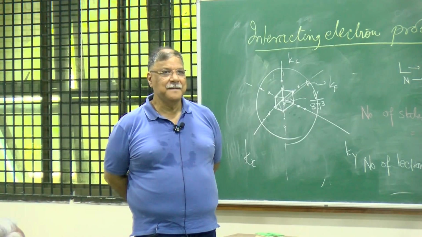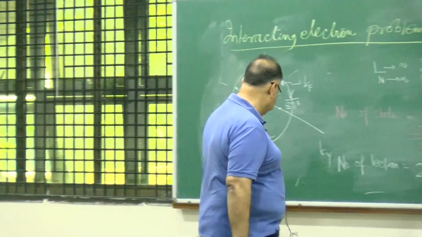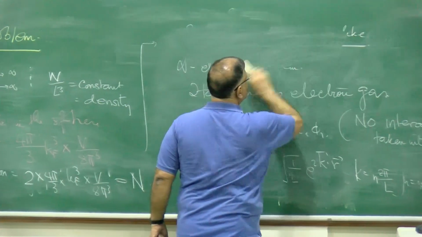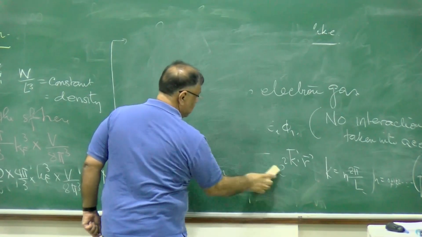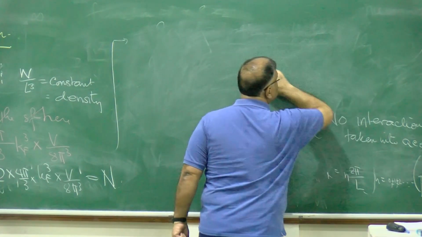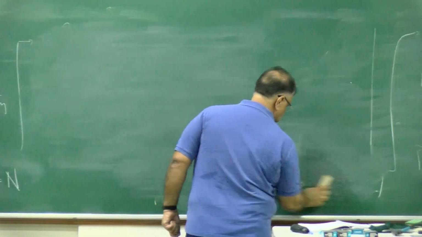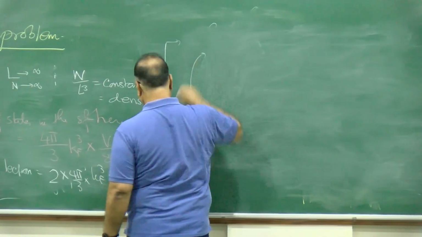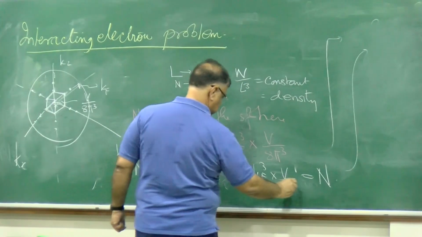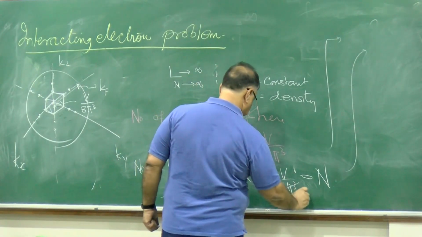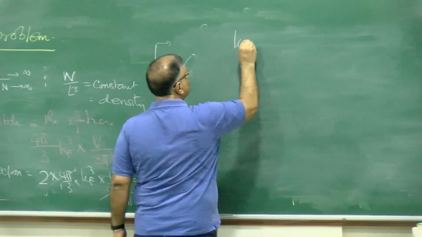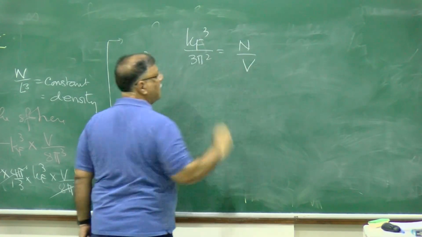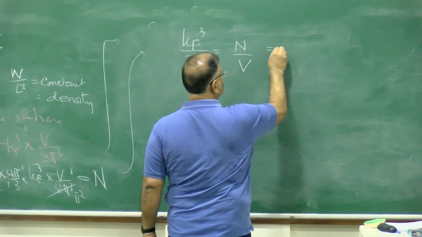Is it okay? Can I proceed? Okay. So then, there are these two systems which are going to be very, very important for DFT: the homogeneous electron gas and the 2-electron system, or the absolute lower limit, the hydrogen atom. All right. So this cancels, and it gives you pi square, and this gives you kf cubed over 3 pi square equals n over V, which is the density rho.